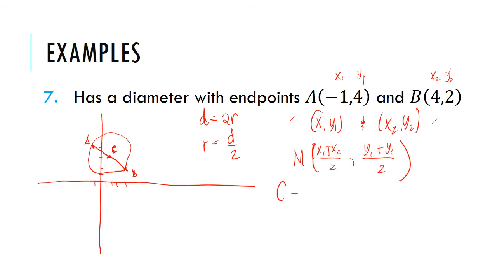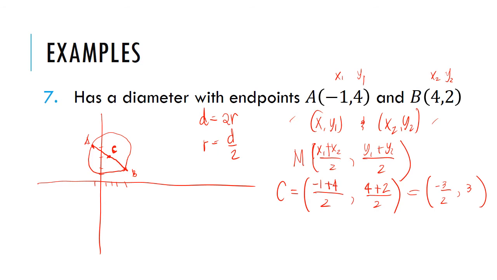The center is equal to (x1 plus x2) divided by 2, (y1 plus y2) divided by 2, and the coordinates of the center is negative 1 plus 4, that is 3, all over 2. 4 plus 2 is 6 divided by 2, that is 3. So this is the center of the circle.